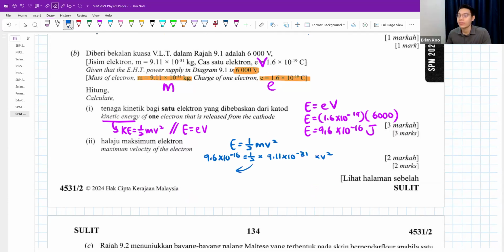Okay, so you divide over, multiply, become divide. I'm not really interested in what the v squared is, but later I just want the v, and this would be in meters per second. Okay, let's see what we get.